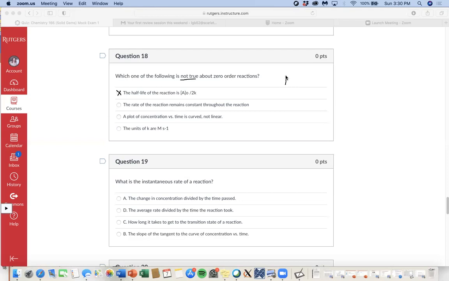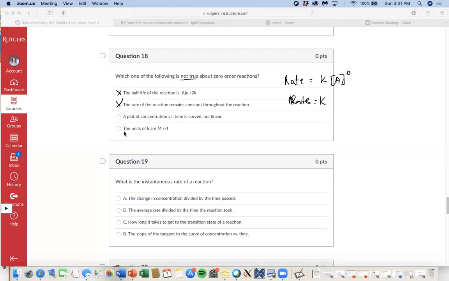The rate law is rate equals K times A to the 0 power, and A to the 0 goes down to 1, so it's literally just rate equals K. So your concentration has no effect. No matter what the concentration is, the rate of your reaction stays exactly the same. So that is true, so it's not the correct answer here.